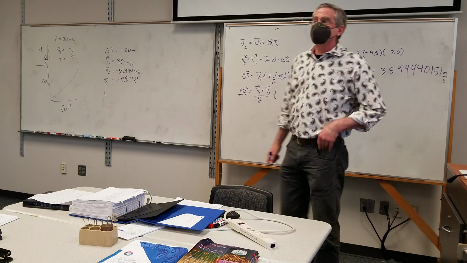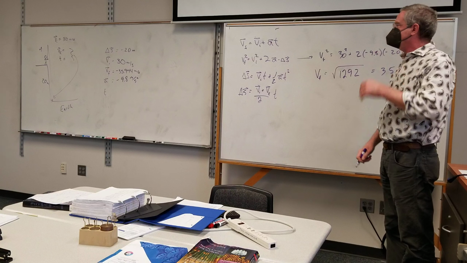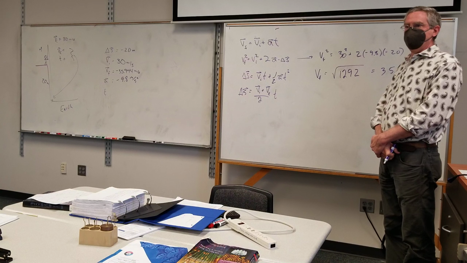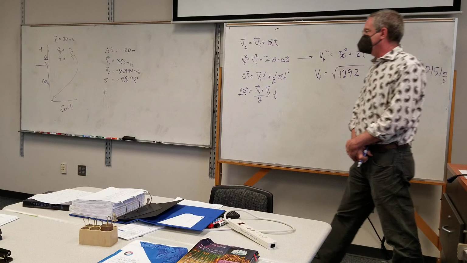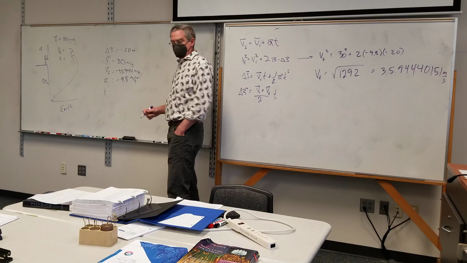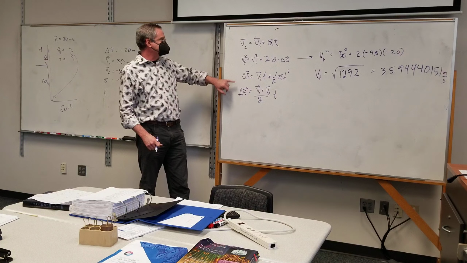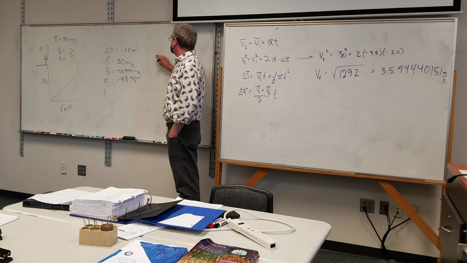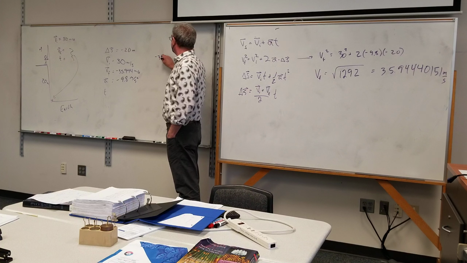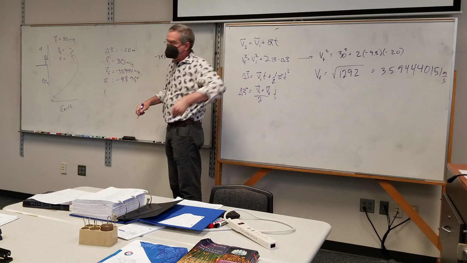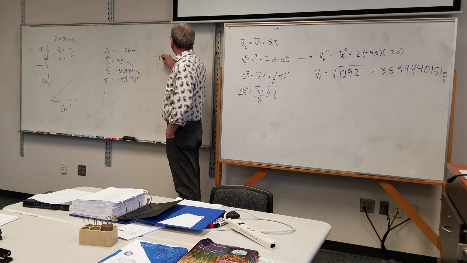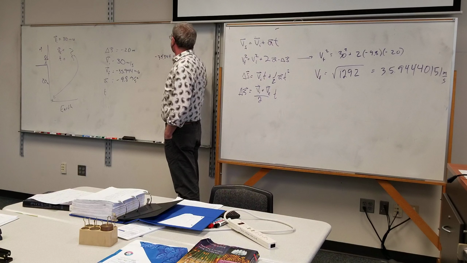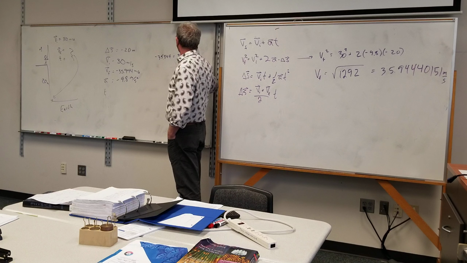All right, time. Since we have final velocity, I guess you could solve for time using the first equation. And matter of fact, we could solve for time using any one of these, anything other than this one. So I have negative 35.944, etc., equals 30 plus negative 9.8t.